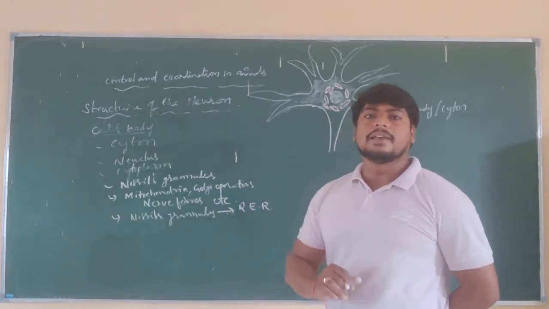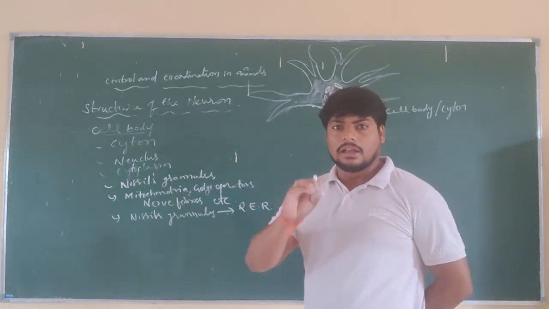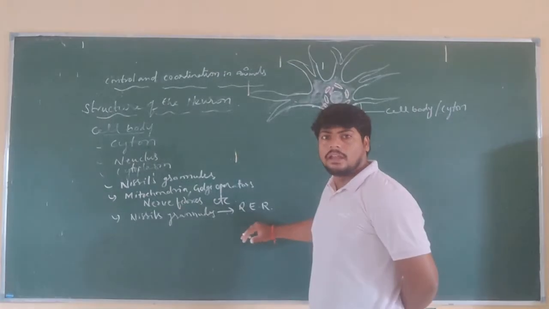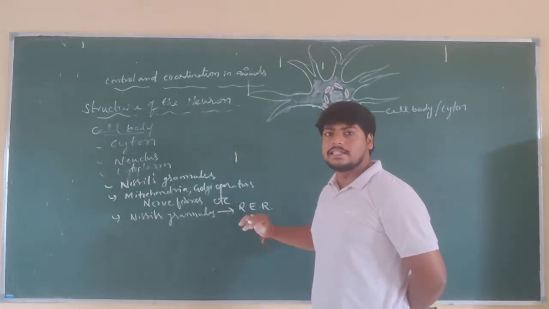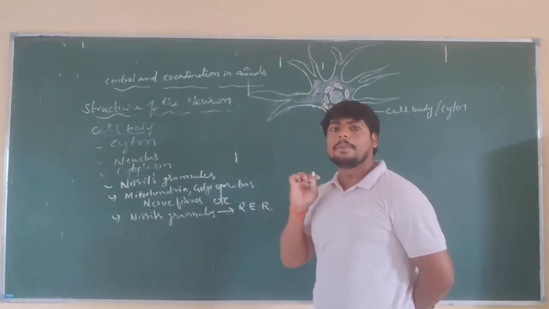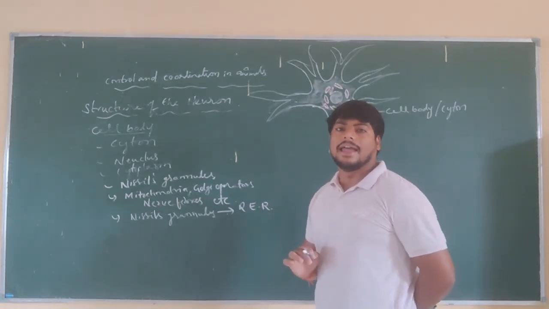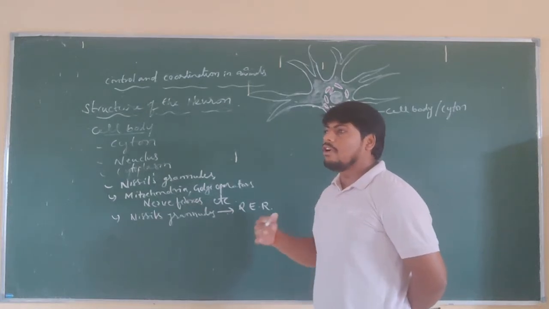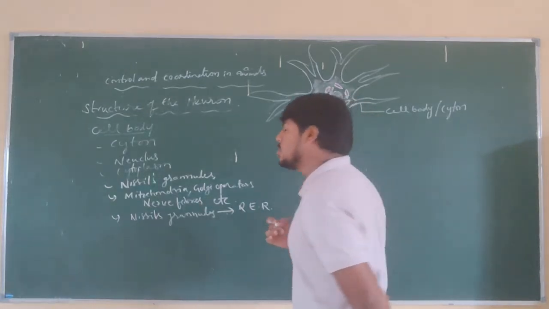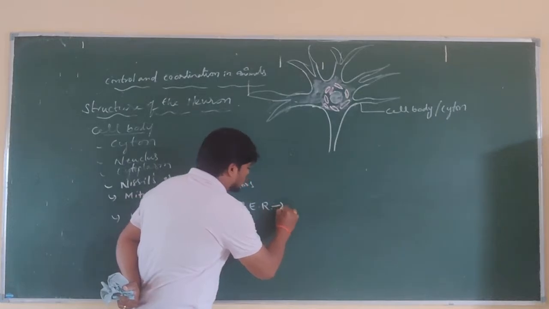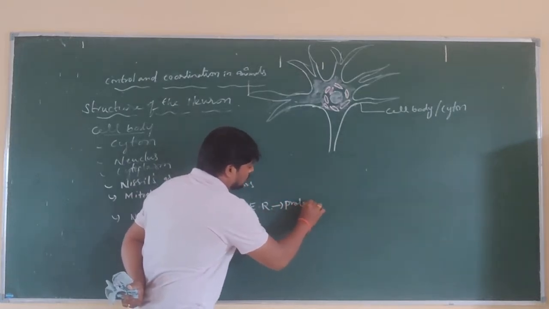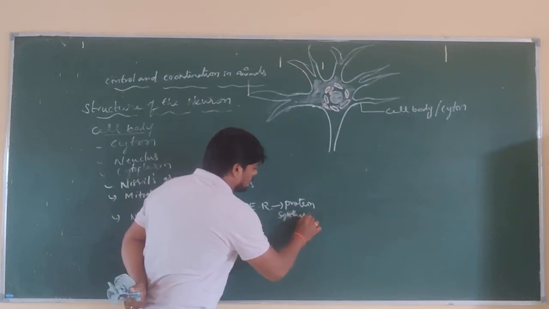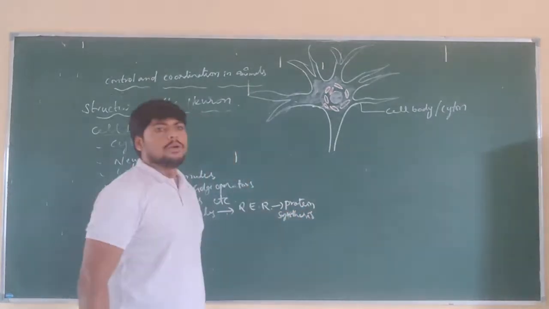Smooth does not have ribosome granules, whereas the other type, consisting of ribosome particles, is called rough endoplasmic reticulum. These rough endoplasmic reticulum are essential in protein synthesis.